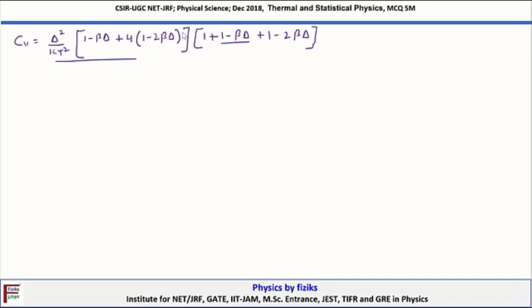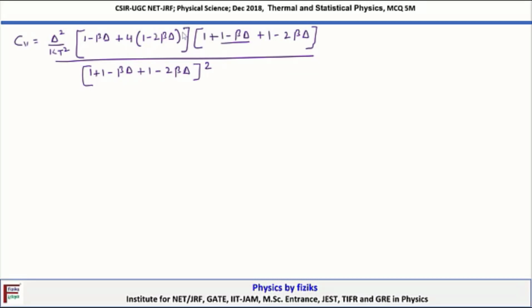Now the denominator: this is 1 plus 1 minus beta delta plus 1 minus 2 beta delta, and its whole square.